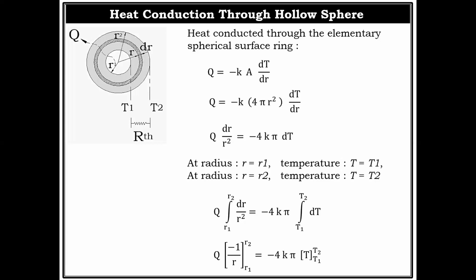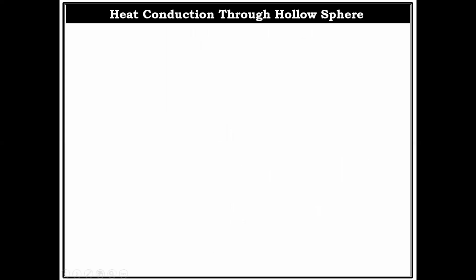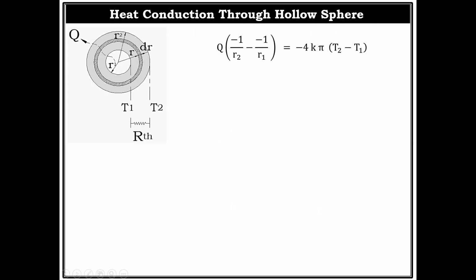The integration of 1 upon r square is minus 1 upon r, with limits r2 and r1, equal to minus 4K pi. After integration of dT, it becomes T, with limits T2 and T1. So on simplifying, we get Q in a bracket minus 1 upon r2 minus of minus 1 upon r1 is equal to 4K pi (T2 minus T1).